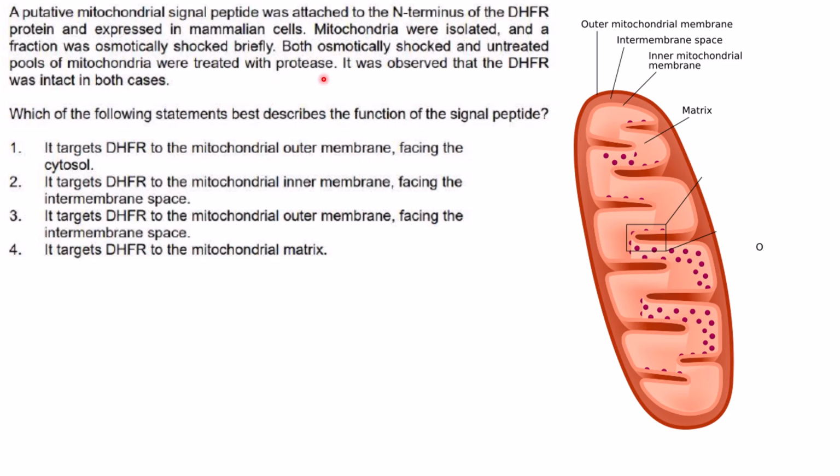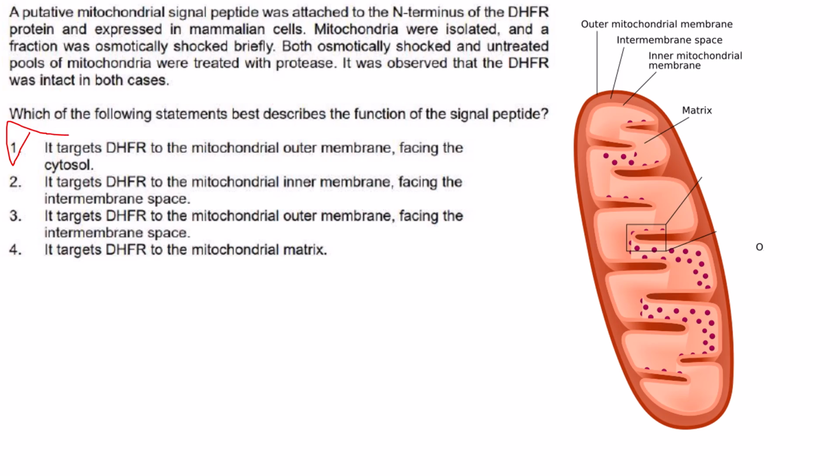That is, in both untreated mitochondria, which was not subjected to osmotic shock, as well as the mitochondria which was subjected to osmotic shock, the DHFR present would have become susceptible to protease treatment. But what they have observed is that DHFR is intact. So the first one cannot be the answer.